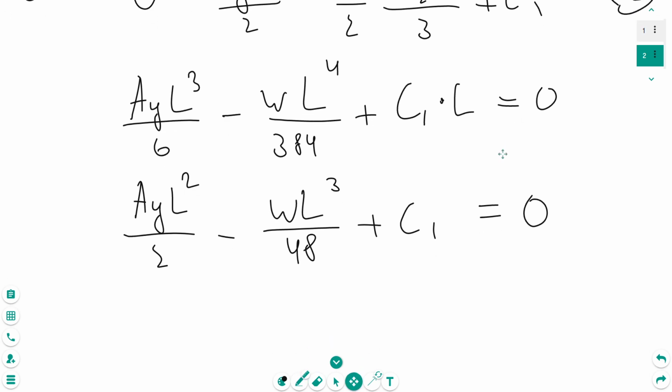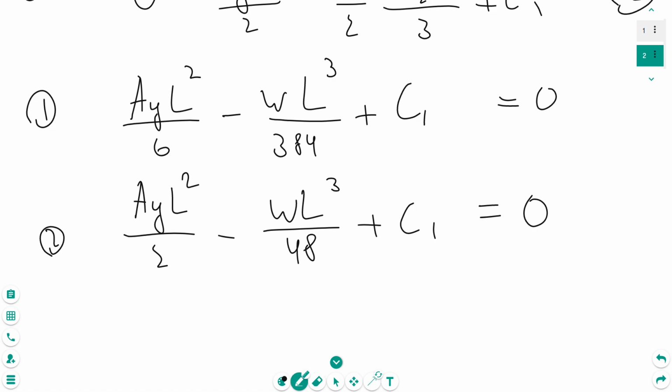So we can see, as these are both the governing equations, we can then solve them simultaneously. I can divide the first equation by L to obtain that this L drops out from C1, the L to the fourth becomes L cubed, and the L cubed becomes L squared.